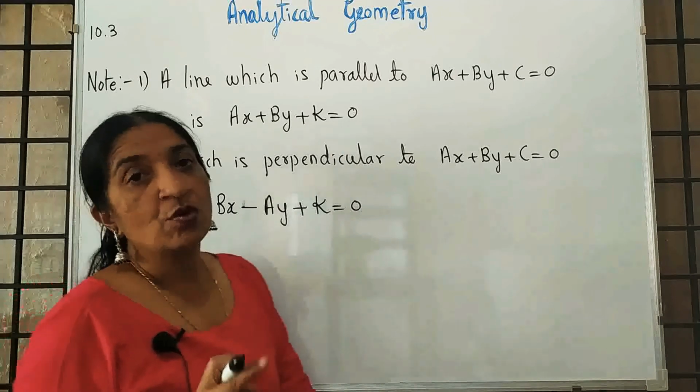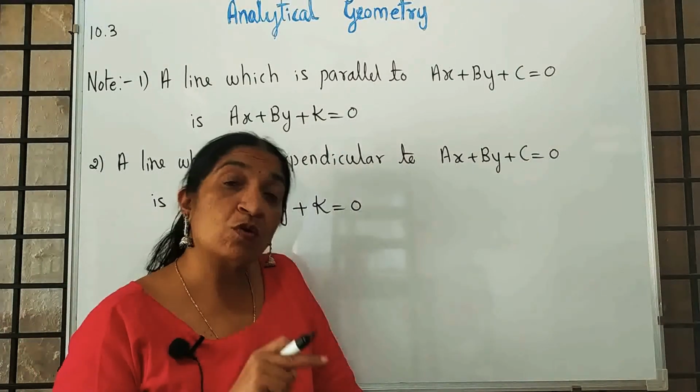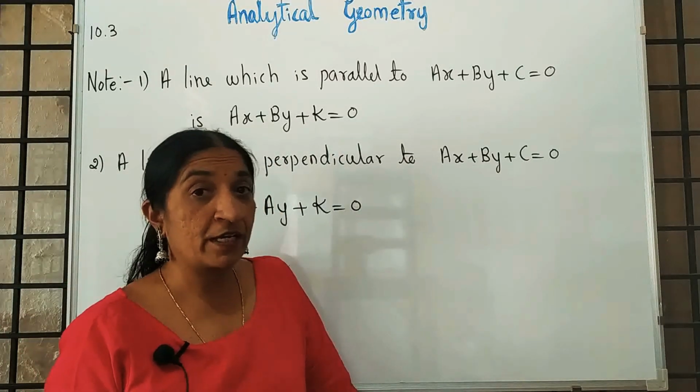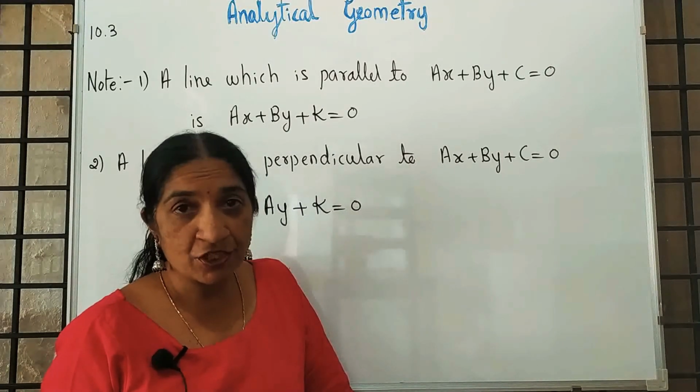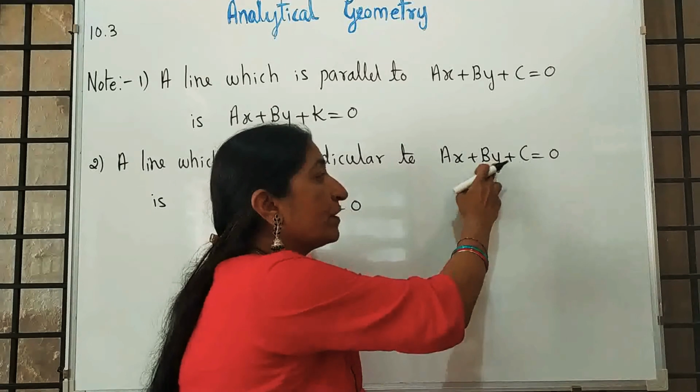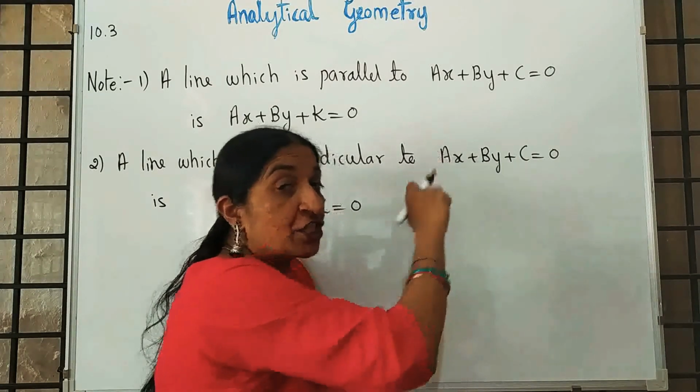What we have to do? We have to interchange the coefficients of x and y. Remember, we have to interchange the numbers, and whatever the sign in front of y, change that sign.